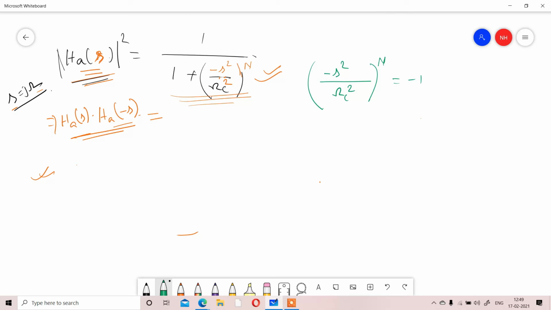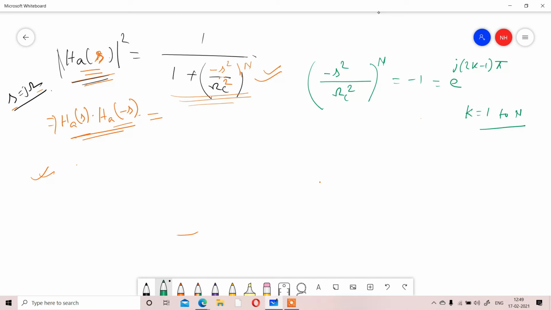So minus 1 is defined as e to the power j (2k minus 1) pi. Here if we replace the value of k, any value of k between 1 to a positive integer n, the value you will always get is minus 1. So we can represent it by that term.